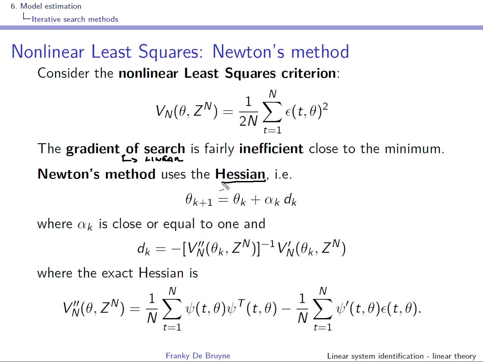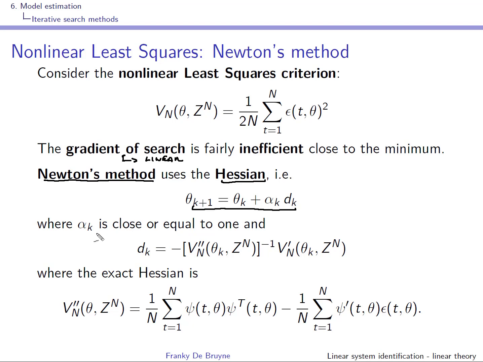The Hessian is really the second derivative, and using that type of information leads to Newton's method. This method is quadratic as far as the speed of convergence is concerned, at least close to the local minimum. So the update equation is the same.